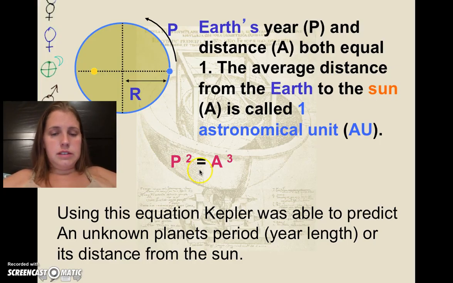To calculate, we can use the equation P squared, the period, the amount of time it takes to go around the ellipse, squared, equals A cubed, where A is half of the major axis, the semi-major axis, to the third power. By using this equation, Kepler was able to predict an unknown planet's period or year length or its distance from the sun at any given time.